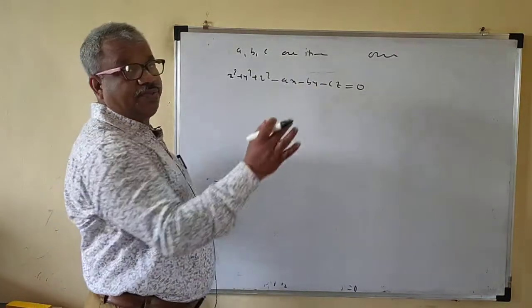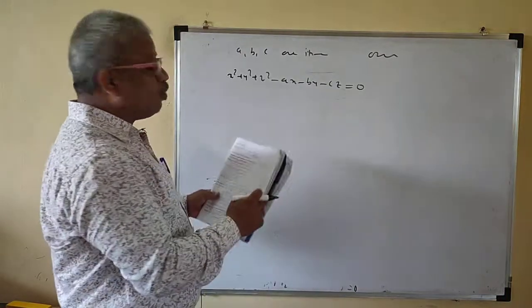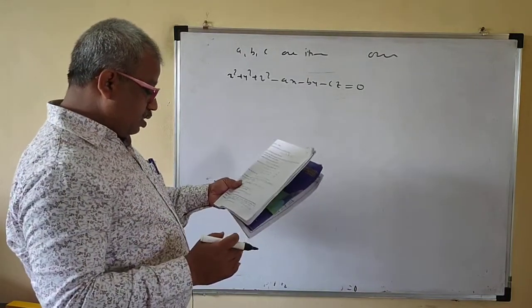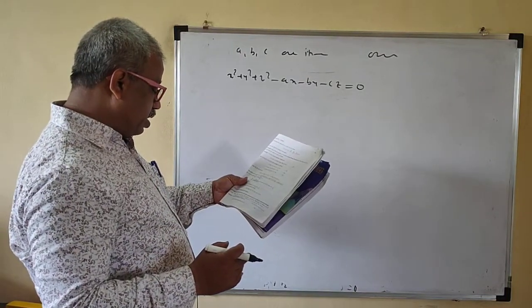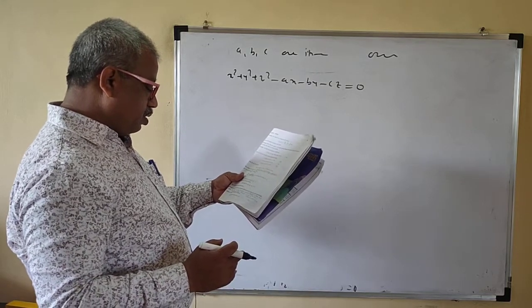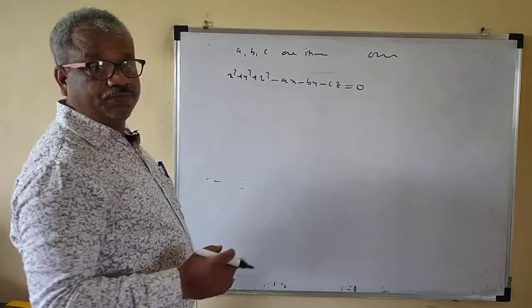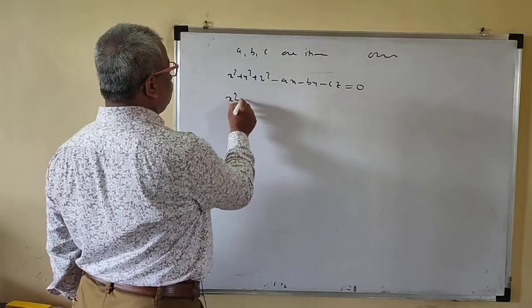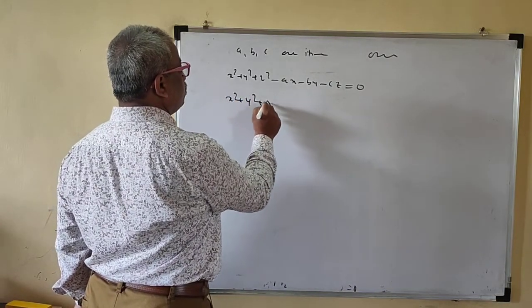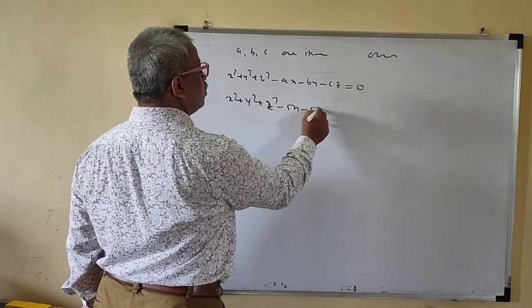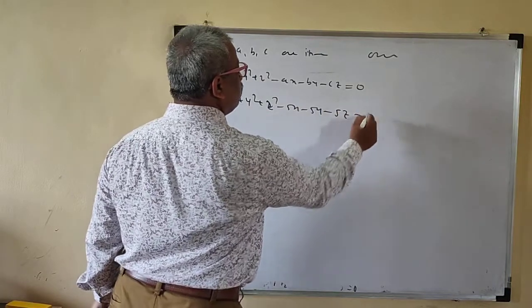Suppose they are making equal positive intercepts of 5 units. Then the equation of the sphere is x square plus y square plus z square minus 5x minus 5y minus 5z is equal to 0.